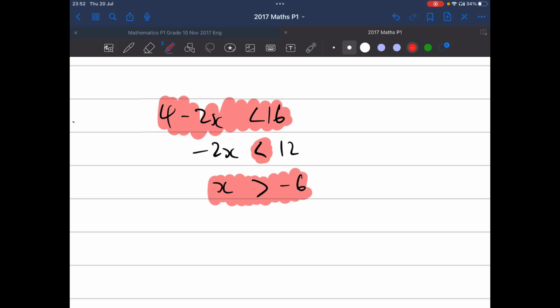So now let's try something greater than minus 6. Let's try minus 5. If I do that, I get 14. And 14 is in fact less than 16. So that means our answer is correct. Okay.